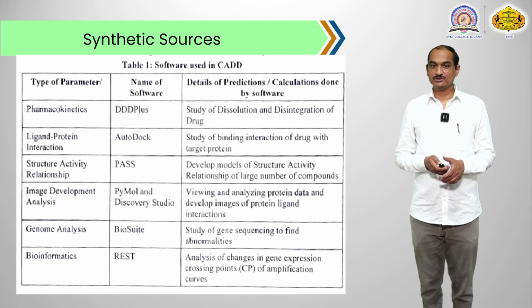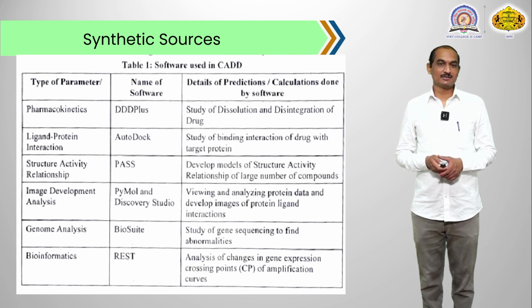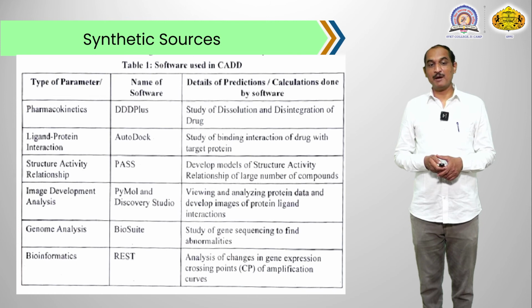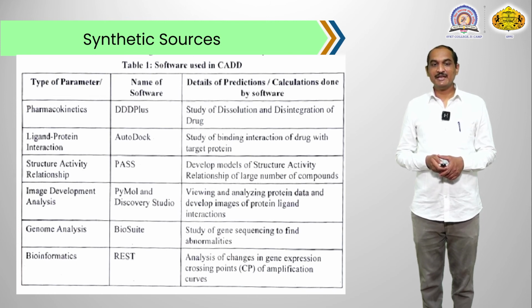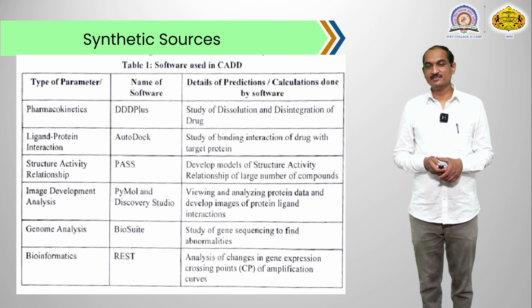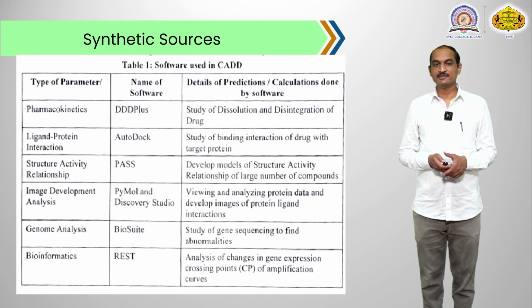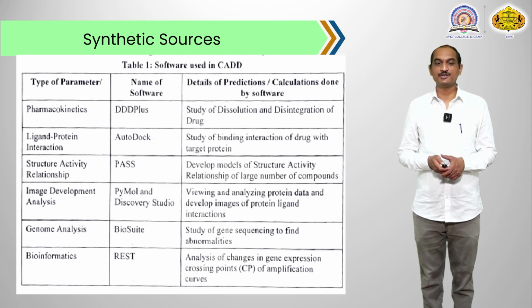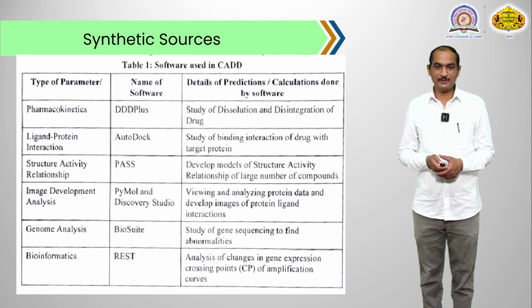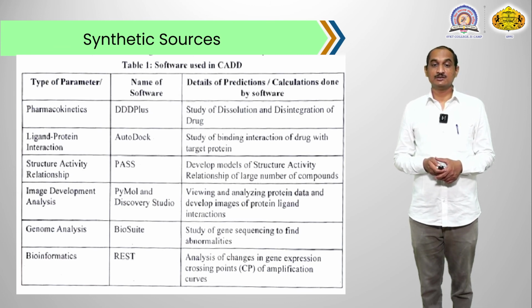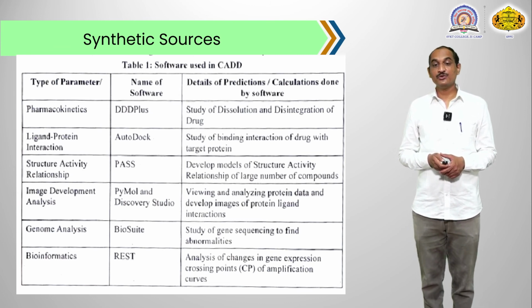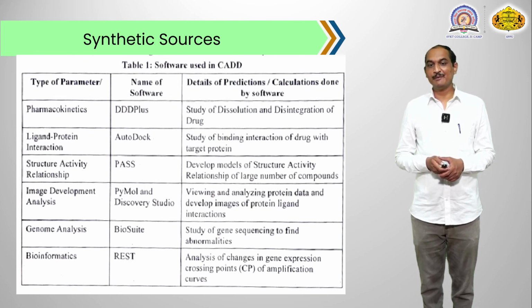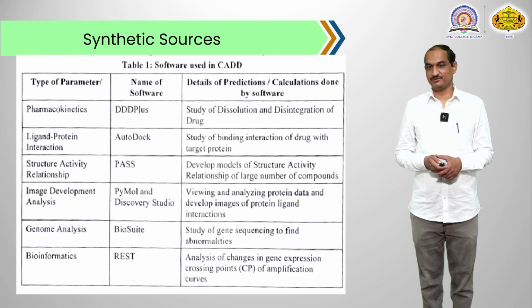Another important parameter is image development analysis, studied using the software PyMOL and Discovery Studio. From that software we can view and analyze protein data and the development image of the protein ligand interaction.